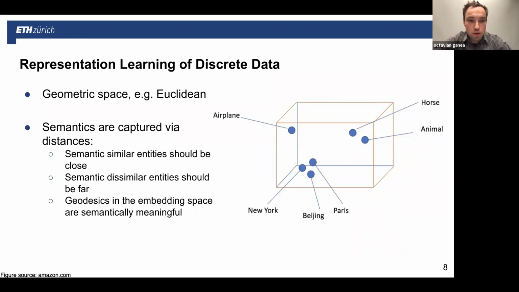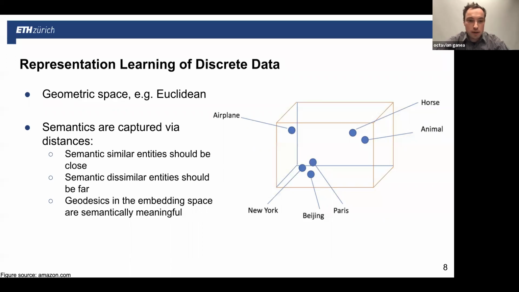We want to capture semantics via geometric distances, so distances in these spaces. Maybe we want semantically similar entities to be close in this space, for example, cities like New York, Beijing, Paris. And maybe semantically dissimilar entities should be far away. New York and airplane are not so close in semantics, so maybe we want them to be far in the space.